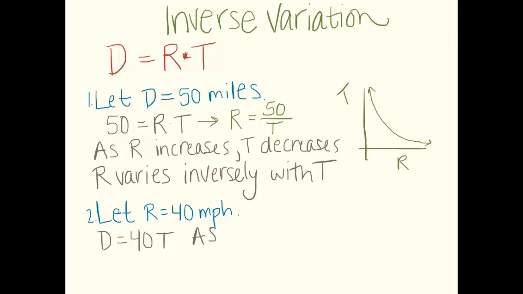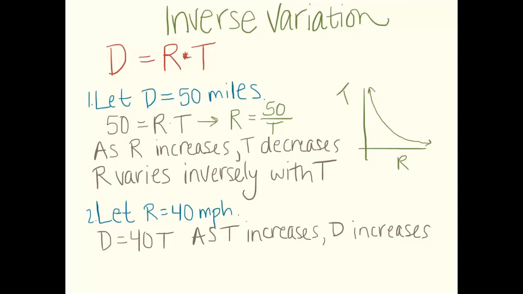As time increases, now we're driving at the same rate for more time. You're going to go a further distance. D increases. So as time increases, D is also increasing. You're driving at the same rate, just for longer, so of course you're going more miles.